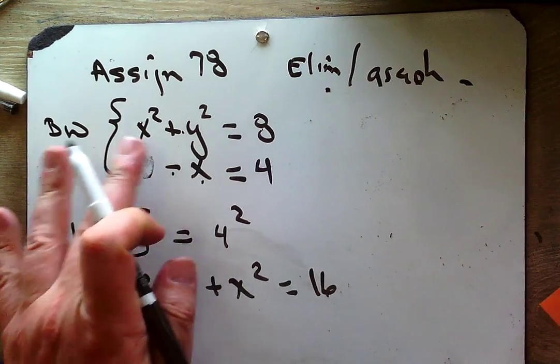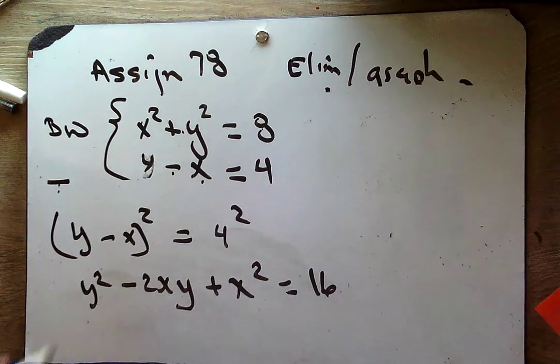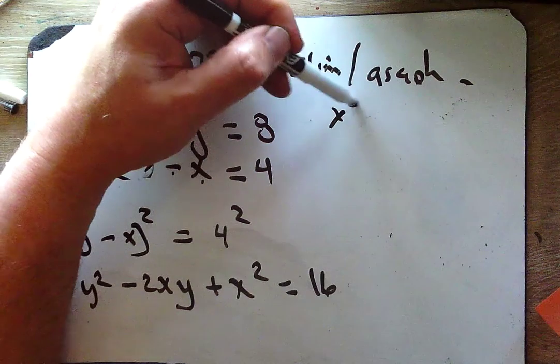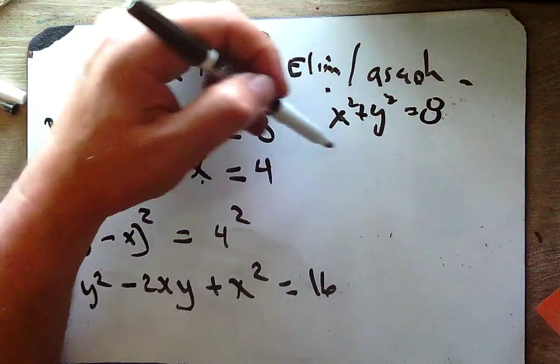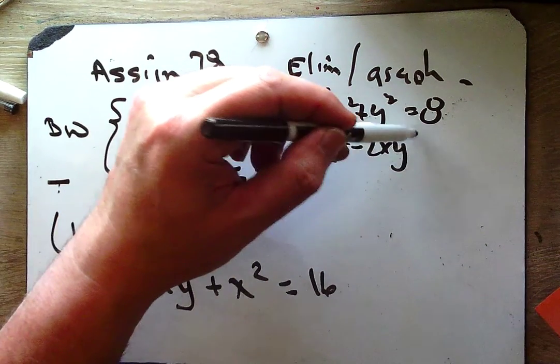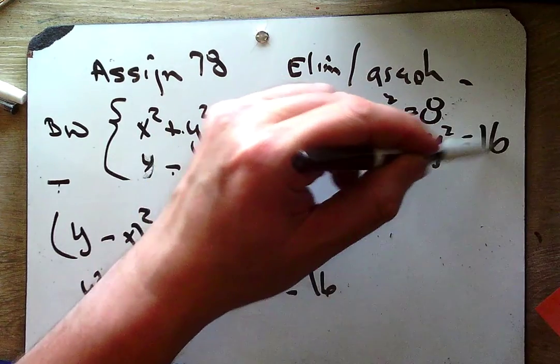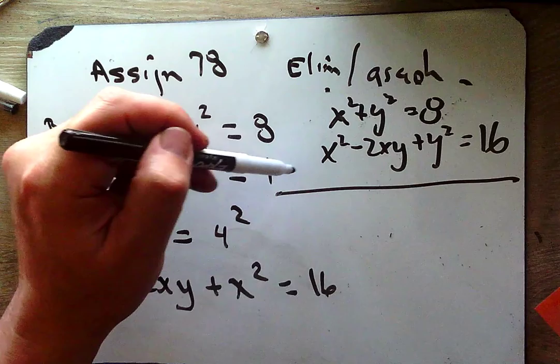Okay, so I can replace this equation with this one. And now I've got x squared plus y squared equals 8. And then here I've got x squared minus 2xy plus y squared equals 16. And I can do elimination now.